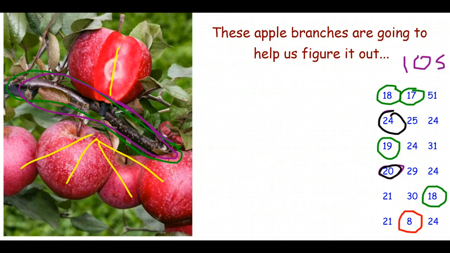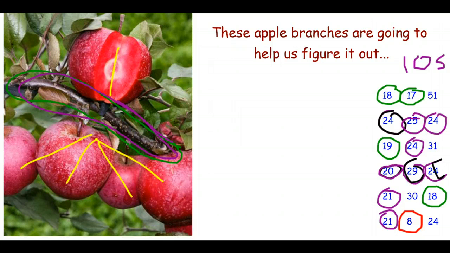There are 10 different data points that have a 2 as their tens digit, 2 that have a 3, and finally just 1 that has a 5.